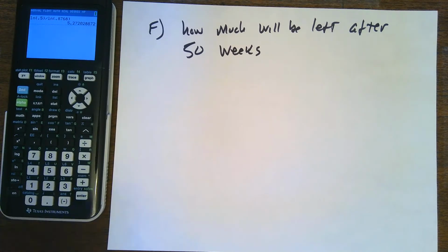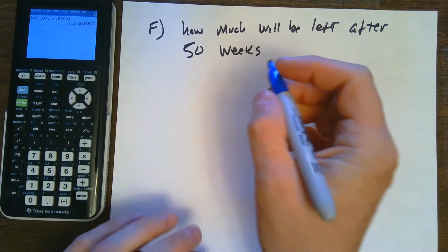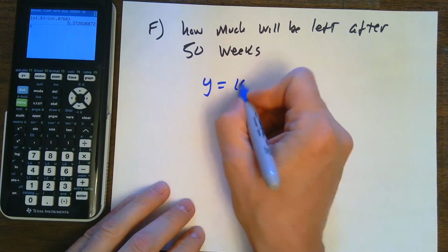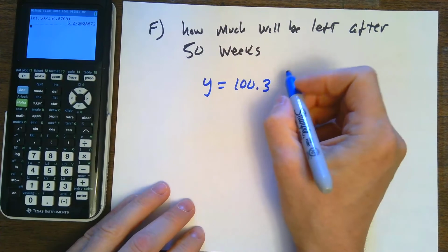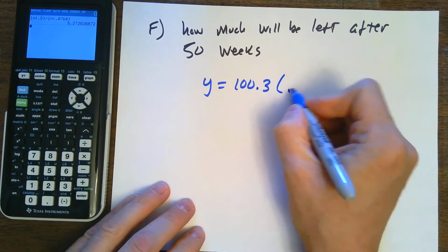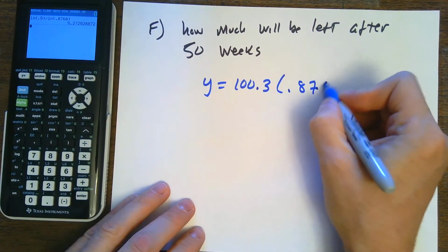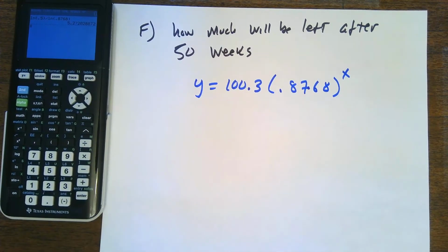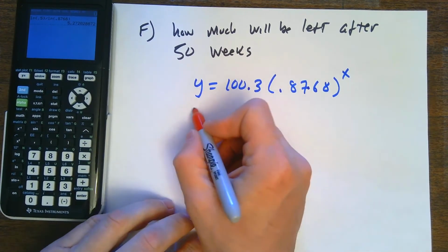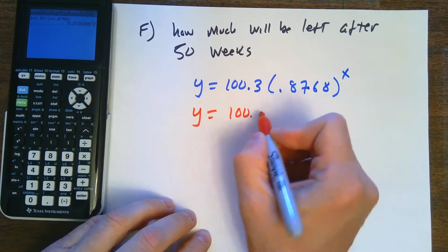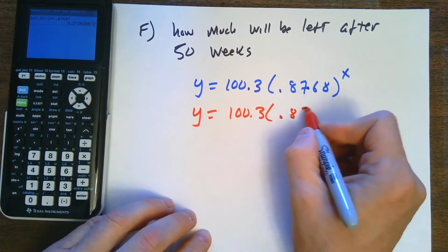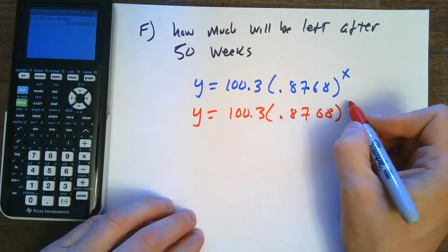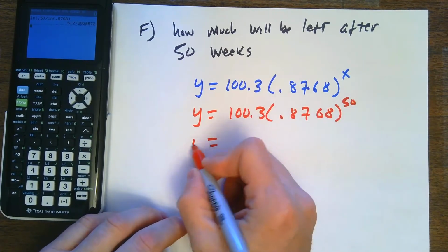My formula from part B, and I really could have used either formula, y equals 100.3 times 0.8768 to the x, where x is time. How much is going to be left after 50 weeks? The amount left after 50 weeks, 100.3 times 0.8768 to the 50 weeks.